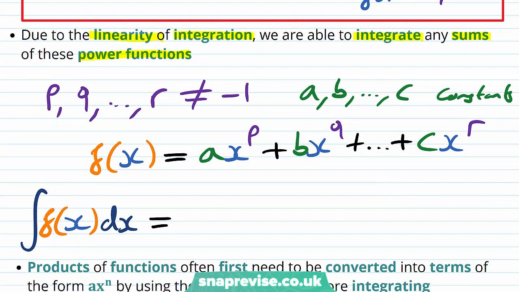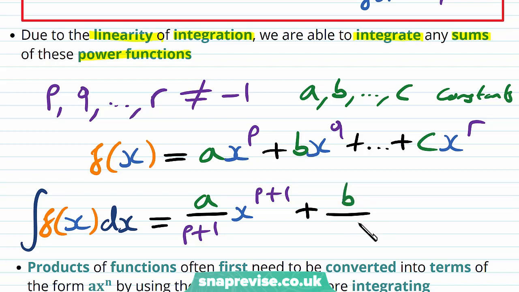And so what we get is a divided by p plus 1 multiplied by x to the power of p plus 1. Again, all we do is add 1 to the power and divide by that power. Similarly, by using the properties of linearity for integration, we add b divided by q plus 1, and then x to the power of q plus 1.